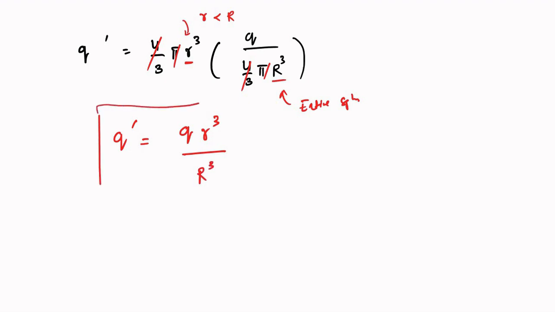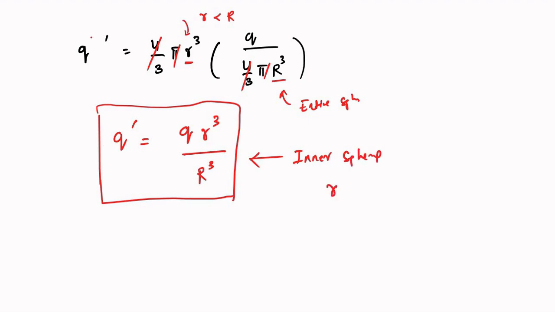So this much charge is contributed by the inner sphere of radius r, which is lesser than capital R. Now again, electric flux phi E is equal to the closed surface integration of the dot product of electric field vector and the surface element area vector, so equal to the closed surface integration of E dS cos 0 degree, as the angle between E vector and dS vector is always 0 degree.